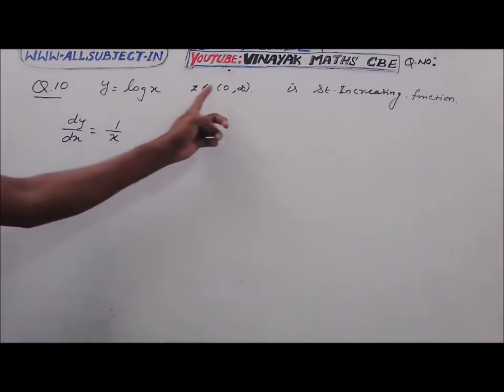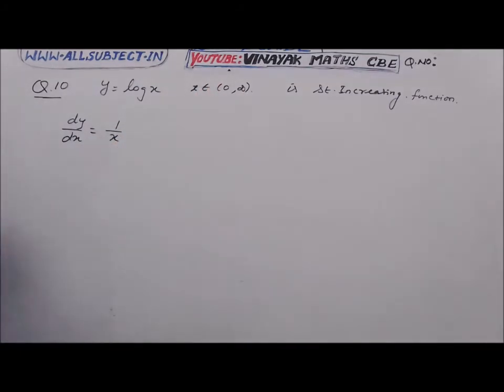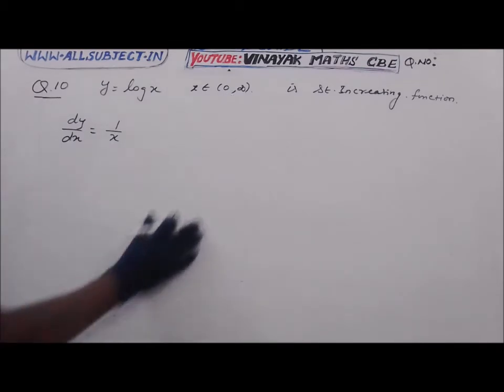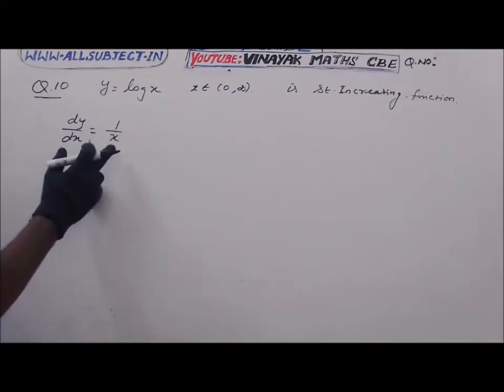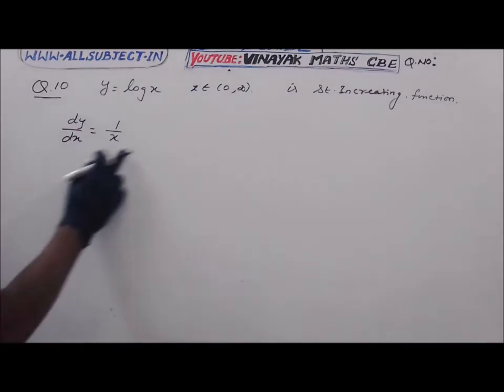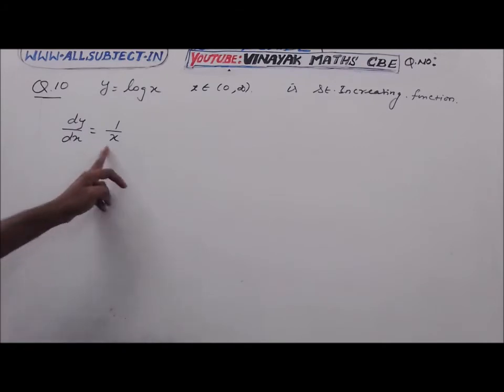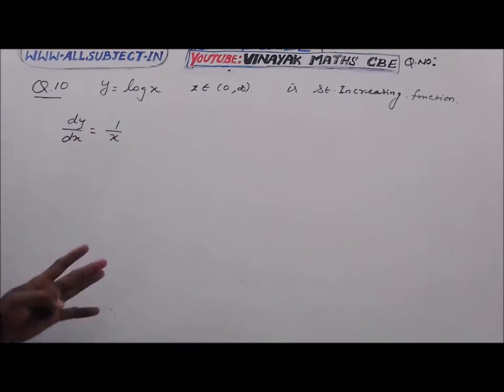Now, we have values from 0 to infinity. In this interval, we have only positive values. So, substituting here, it will be positive. When x increases, the value of dy by dx decreases, but it always remains a positive quantity.